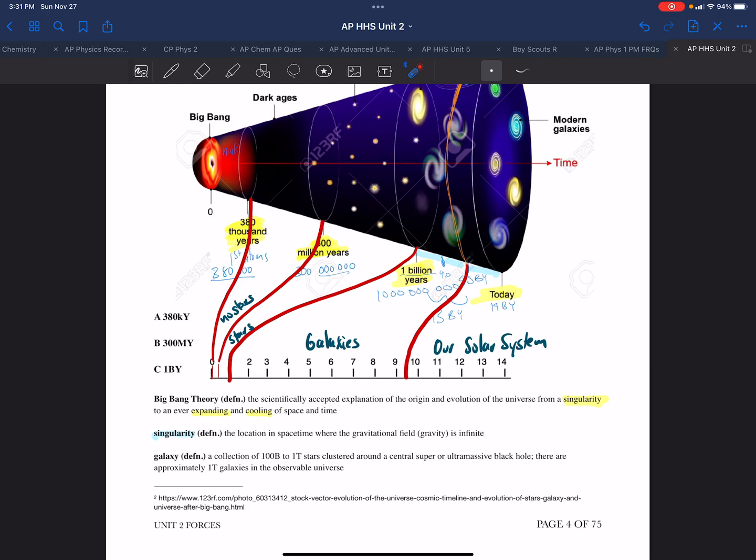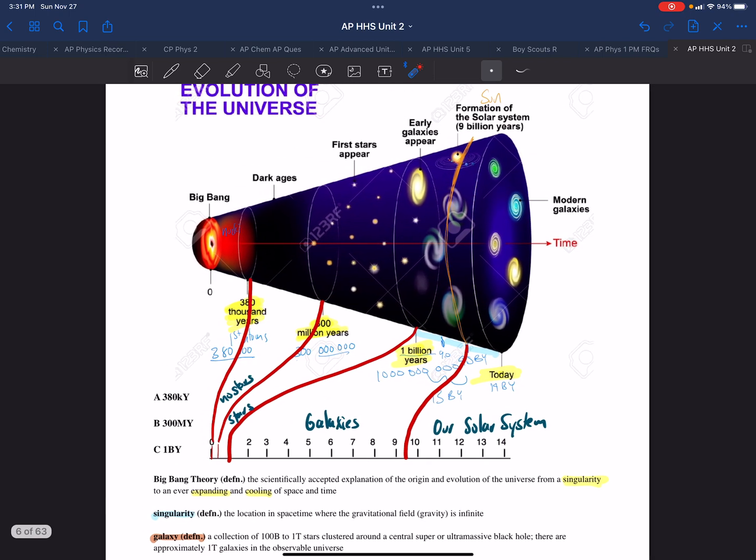And for those of you not familiar with what a galaxy is, which could be the case, a galaxy is a collection of anywhere from 100 billion to 1 trillion stars clustered around a central super or ultramassive black hole. And there's approximately 1 trillion galaxies in the universe. So each one of these pictures here represents a galaxy.